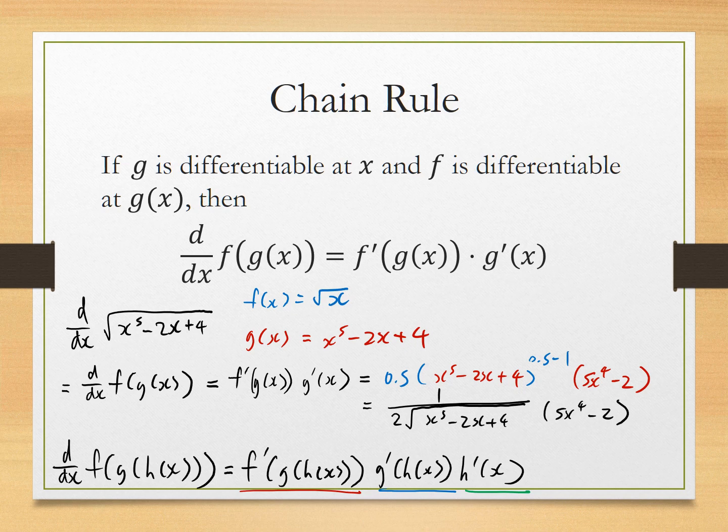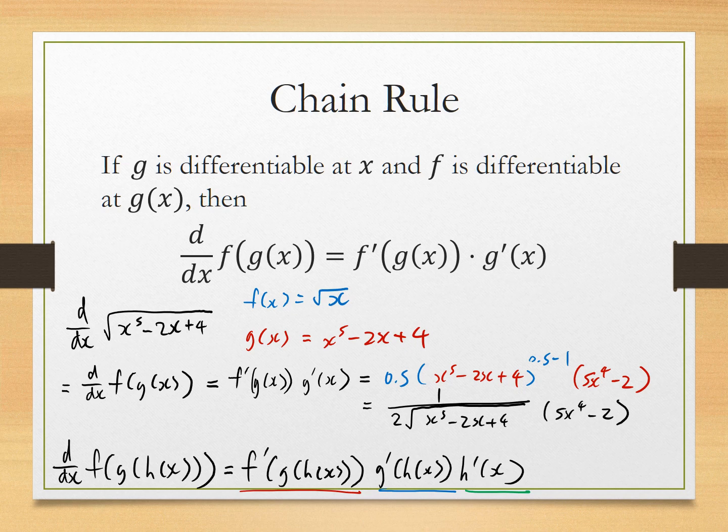There is a rule for root x, the power rule. So you need to use the chain rule. First, figure out what the derivative of root x is. Then instead of x, you put in whatever is inside the root here. Then you have to remember to take the derivative of whatever is inside at the back.